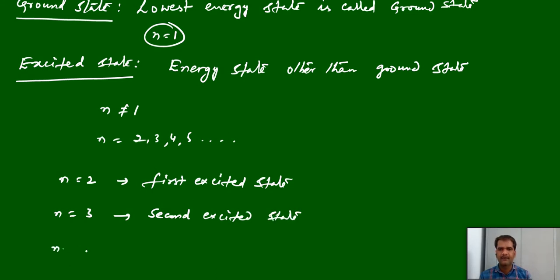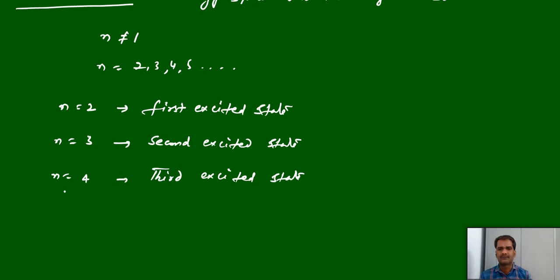If n equals 4, it is the third excited state, and so on, like this. The fifth excited state means n equals 6. The hundredth excited state means n equals 101.